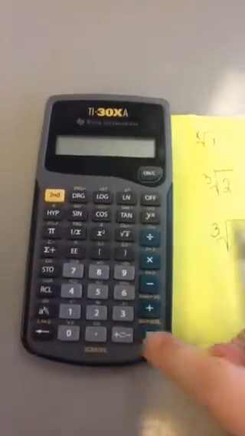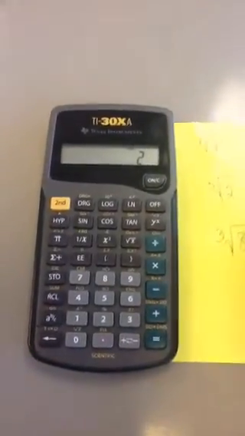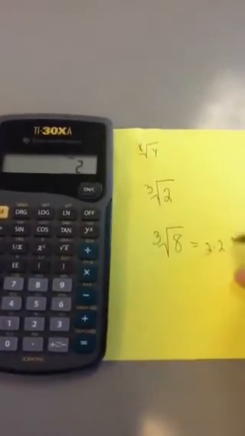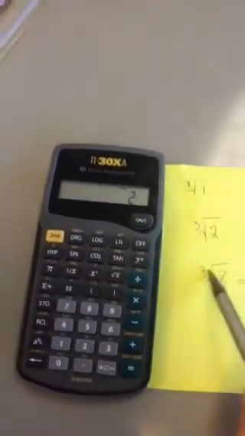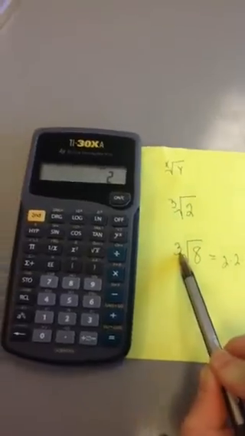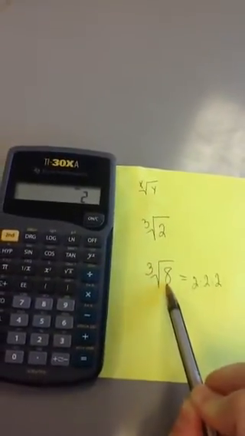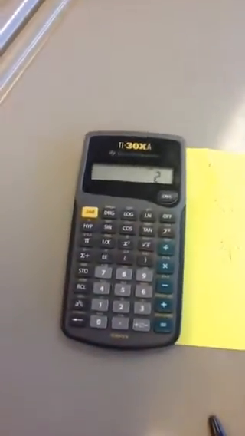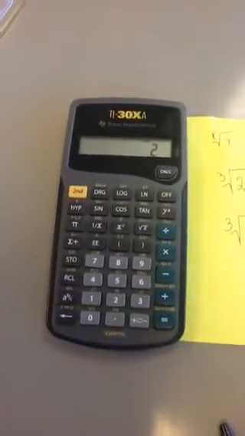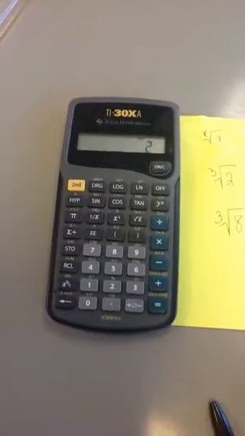And then I'm going to hit equal, and it tells me that's 2. And what that really means is that if I take 2 times 2 times 2, I'm going to get 8. So really the cube root means you're looking for what number you can multiply by itself 3 times to get the number that's on the inside. So that's a feature that you might find super helpful.